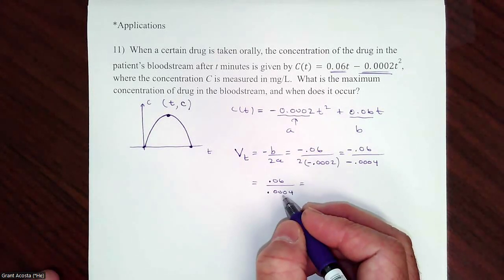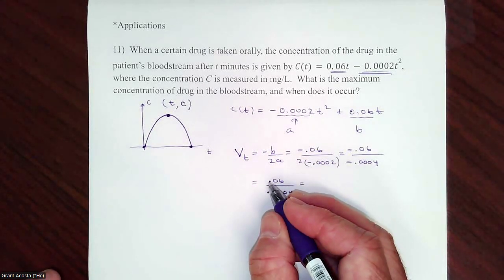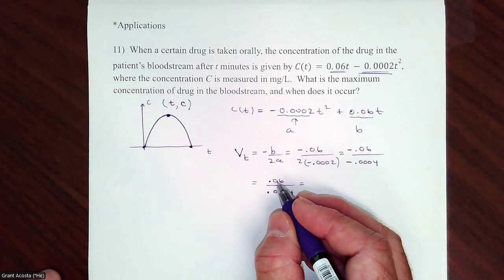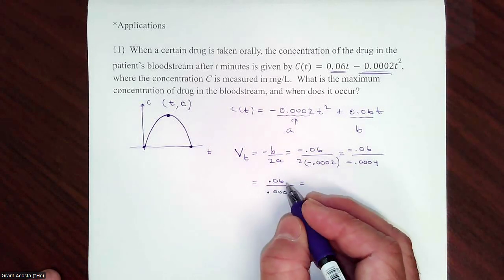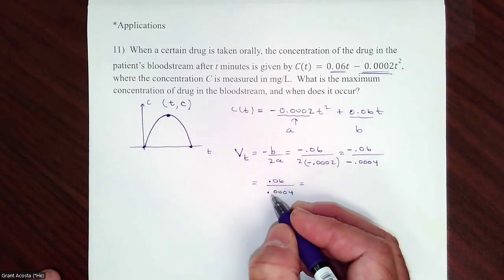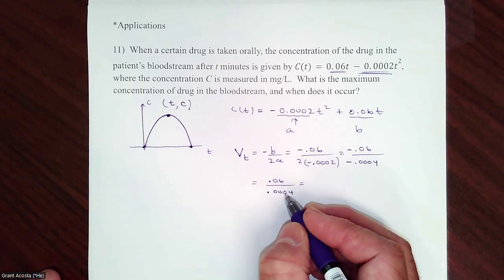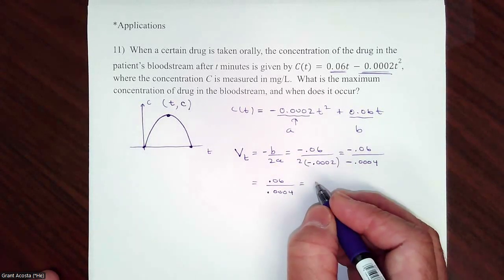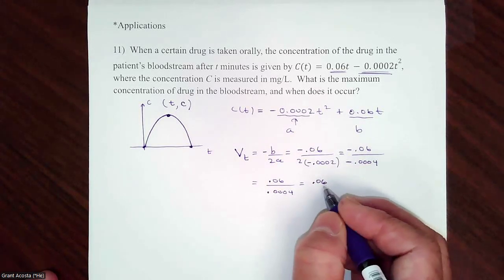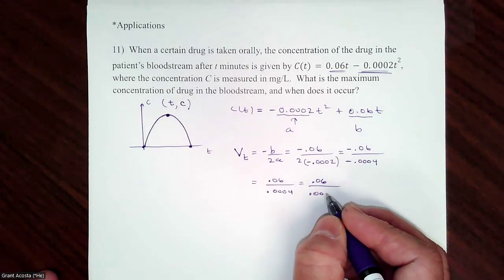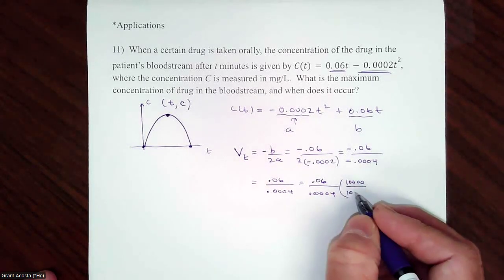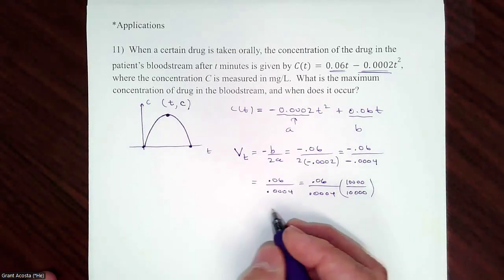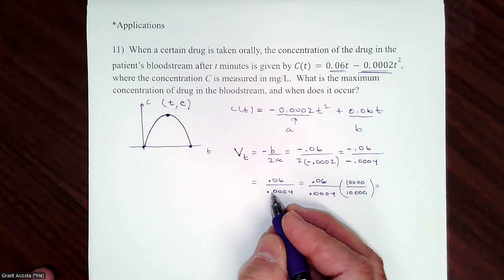The smaller decimal is this one. So think about this. If I want to move a decimal place over 1, I multiply by 10. If I want to move it over 2, I multiply by 100. Remember that 0.06 is 6/100ths, right? But if I want the denominator to not be a decimal, I'm going to have to multiply by 10, 100, 1,000, 10,000. So without a calculator, how you could do this is, if I multiply top and bottom by 10,000, that's going to move my decimal place over 4 places. 1, 2, 3, 4.